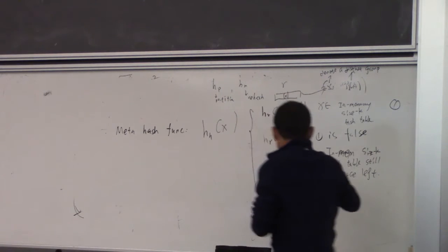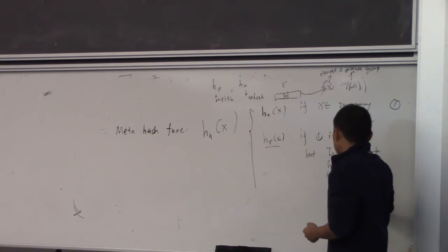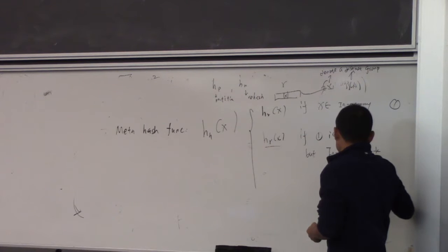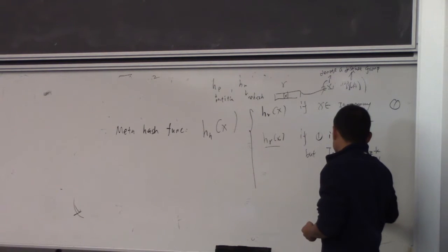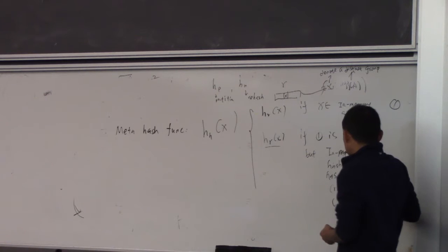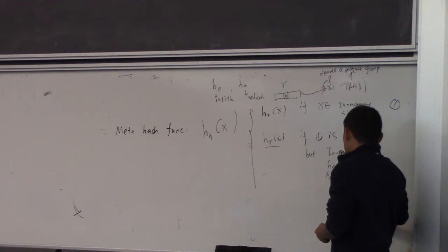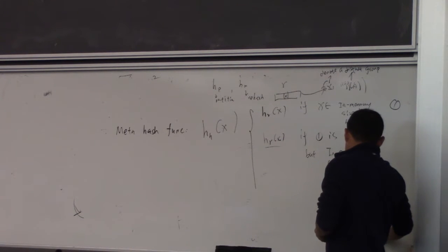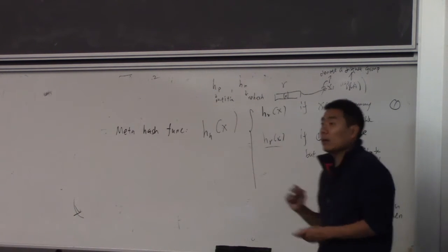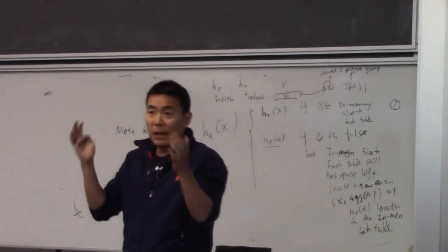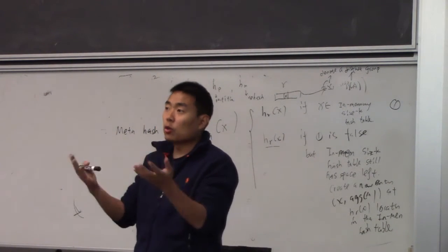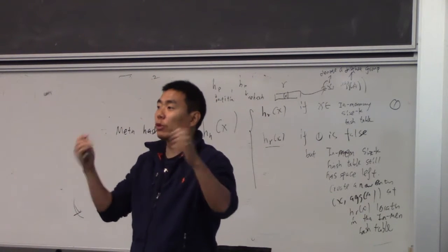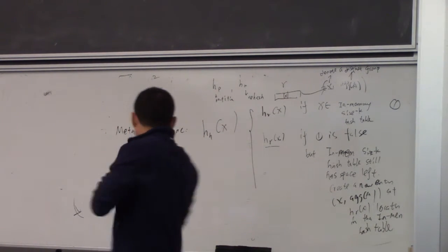So you create a new entry of x and aggregate of whatever value at the HR of x location in the in-memory hash table. That's essentially what it is. I have space, I don't have an entry for it. It's a new group, but I have space, so I create a new entry for it, then I'm good. I call this condition number 2.